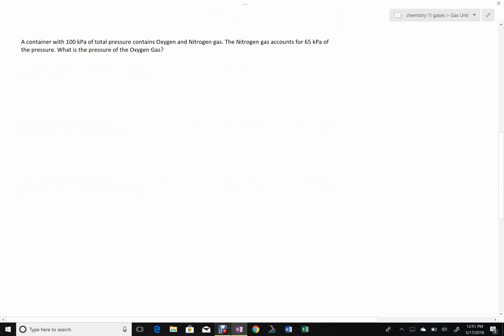So really simply, if we have, say, oxygen and nitrogen gas in a container, and we're going to say that nitrogen is accounting for 65 kilopascals of the total pressure, which happens to be 100 kilopascals, we can determine what the pressure of the oxygen gas must be. So the pressure total is simply the sum of the oxygen gas pressure and the nitrogen gas pressure.